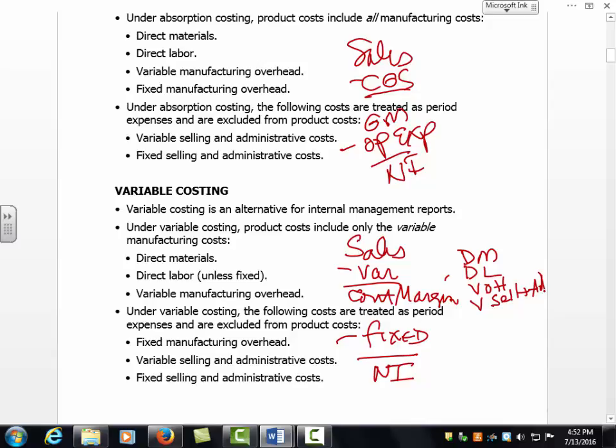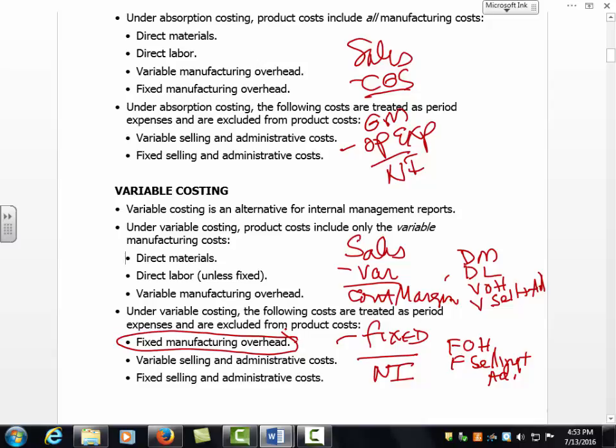Then our fixed expenses would be our fixed overhead and our fixed selling and administrative. So the whole point of this chapter is that fixed manufacturing costs are no longer going to flow through with the goods.